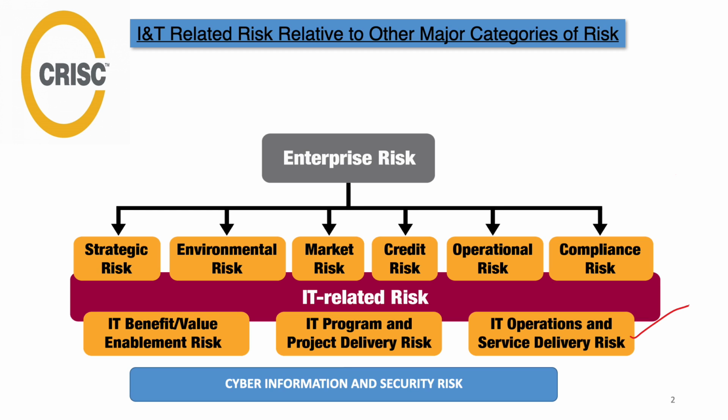And at last, under the enterprise risk, it is the compliance risk. Compliance risk is non-compliance or inaccurate documentation. Compliance risk is an organization's potential exposure to legal penalties, financial forfeiture, and material loss resulting from its failure to act in accordance with industry laws and regulations, internal policies, or prescribed best practices.